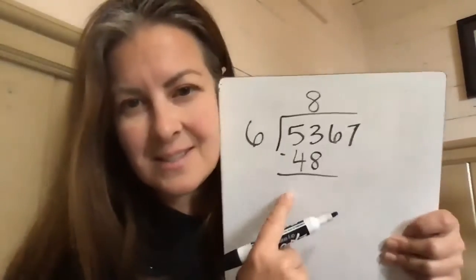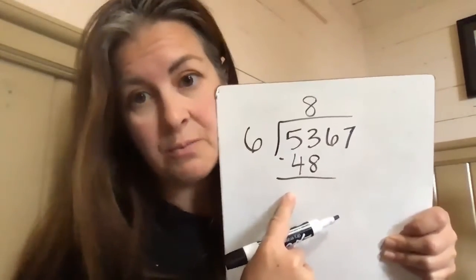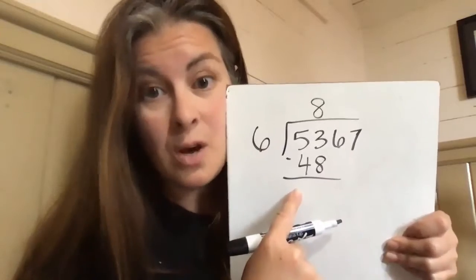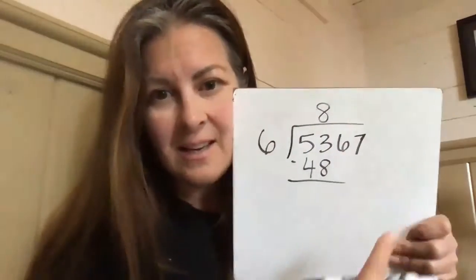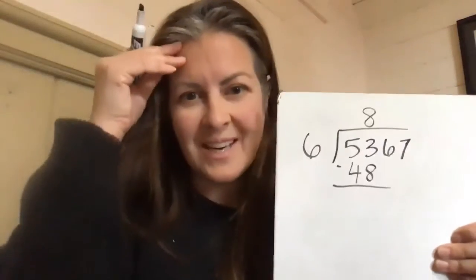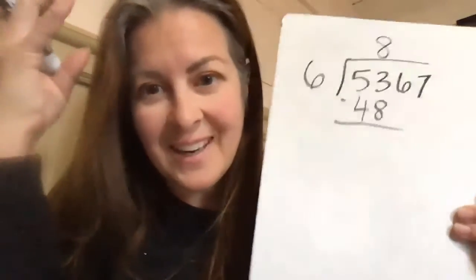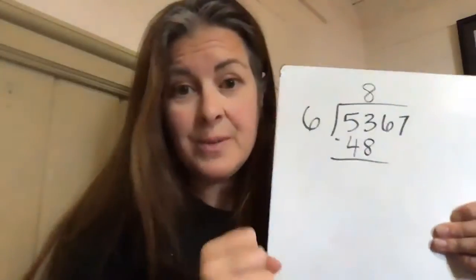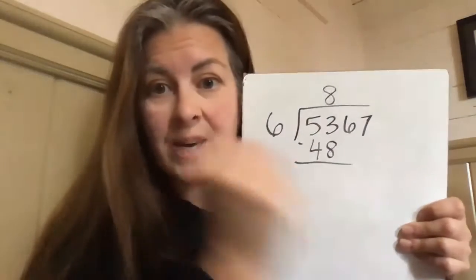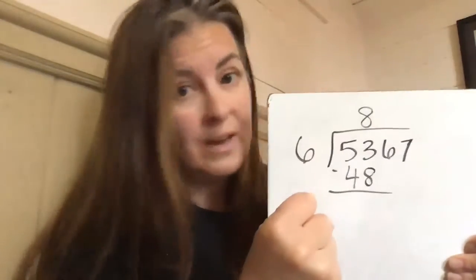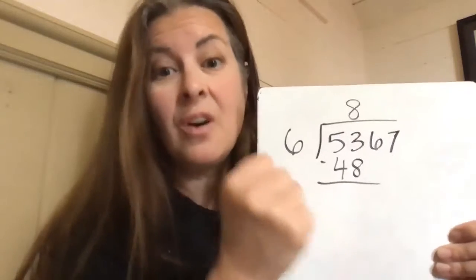So this is a dynamic subtraction problem. The children know how to do dynamic subtraction problems, but when it's embedded in this long division problem, their brains kind of go, I forgot how to do that. So I've been showing them there's not a lot of difference between 48 and 53. We can just use our fingers. We don't have to count backwards. We just count on.